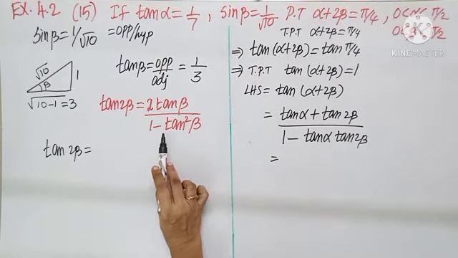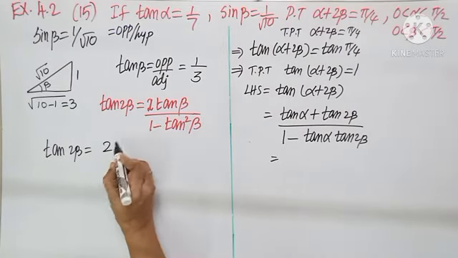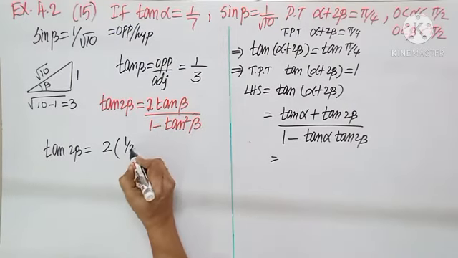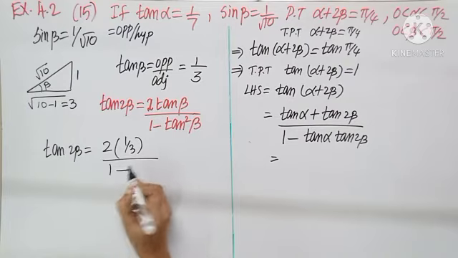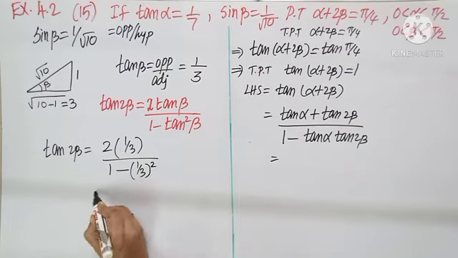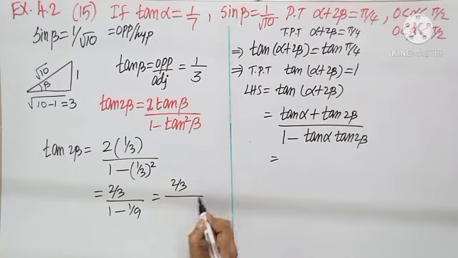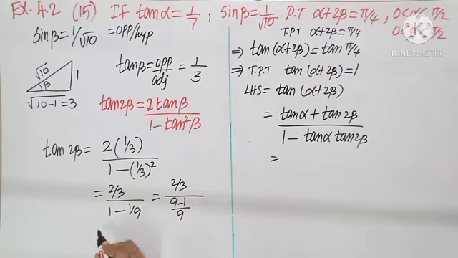2 tan beta by 1 minus tan square beta. 2 tan beta is 2 by 3, by 1 minus tan square beta, 1 by 3 the whole square. We get 2 by 3 by 1 minus 1 by 9. 2 by 3 by, taking LCM 9, 9 minus 1 by 9.